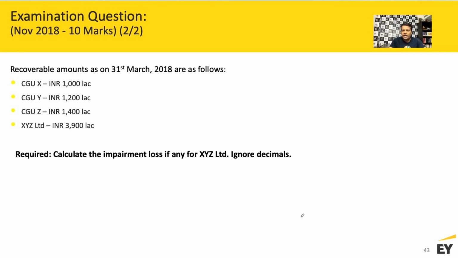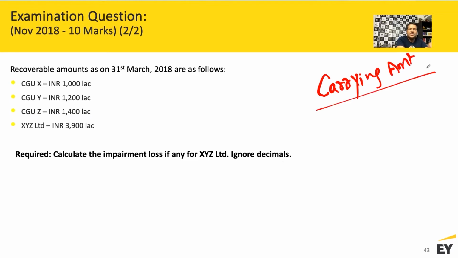Now, what do I need to do? I need to follow step 1 here, right? What is my step 1? Step 1 is I need to first determine the carrying amount of these CGUs. What are the CGUs? X, Y, Z. Then I have these assets, corporate units, which I need to allocate to X, Y, Z in an appropriate manner. What I can allocate, what I can't allocate, right? Then I have to compare the carrying amount with the recoverable amount.